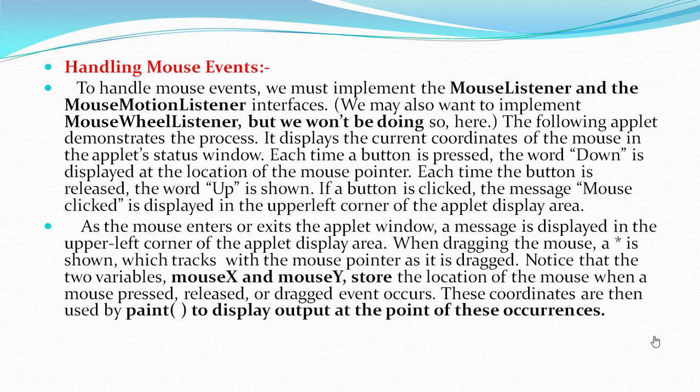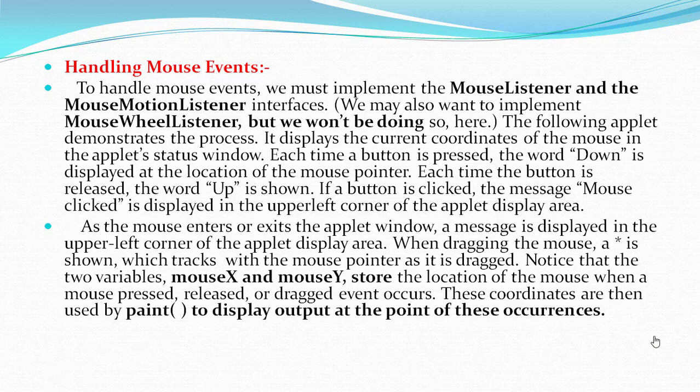As the mouse enters or exits the applet window, a message is displayed in the upper left corner of the applet display area. When dragging the mouse, a star symbol is shown which tracks with the mouse pointer as it is dragged.